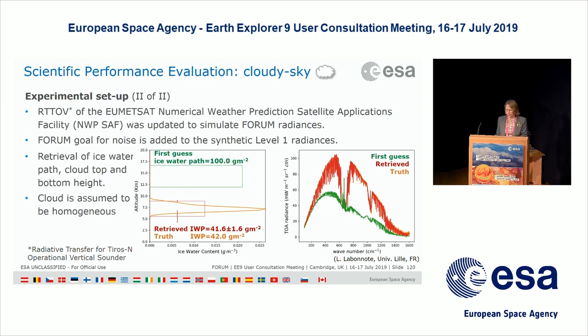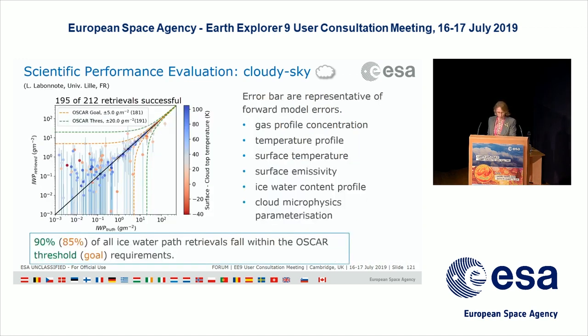So then we've done that for all of these 212 cases and retrieved the ice water path. And in this figure here, you see a scatter plot of the retrieved versus the truth. And the dashed lines are the OSCAR threshold and OSCAR goals. And so the FORUM requirement is 20 grams per square meter.